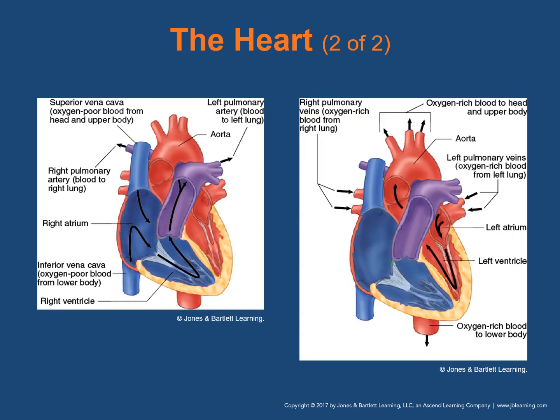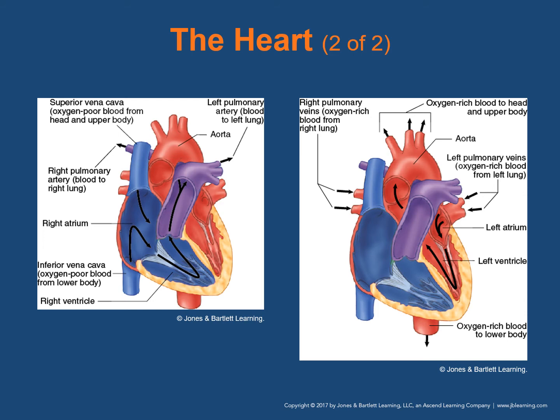The picture on the left shows where the deoxygenated blood travels. It comes in from the superior and inferior vena cava, which bring in oxygen-poor blood from the upper and lower parts of the body. That blood goes into the right atrium, then gets pushed into the right ventricle.